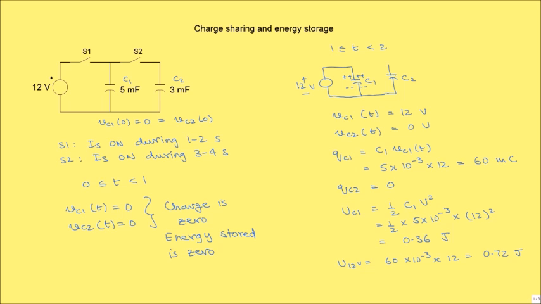This energy has not disappeared, it has simply been lost as radiation, and we will talk more about this later on in this course. However, the most important thing to realize is that the 12-volt battery supplies 0.72 joules, however only 0.36 joules is stored on the capacitor C1.